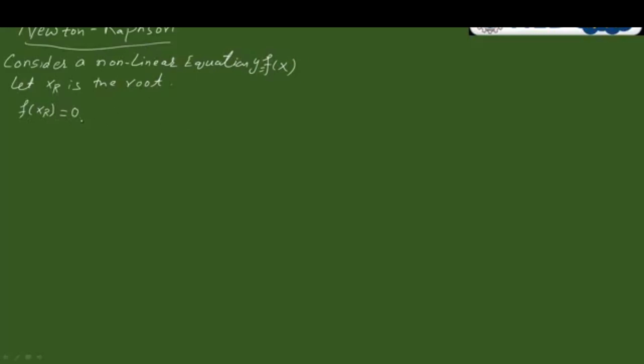That is, it will map the function to 0 at the xr value. But this is the ideal situation when we can find the exact root, but in our approach we already know we have to do it approximately. So let's see how Newton Raphson tries to find this xr.